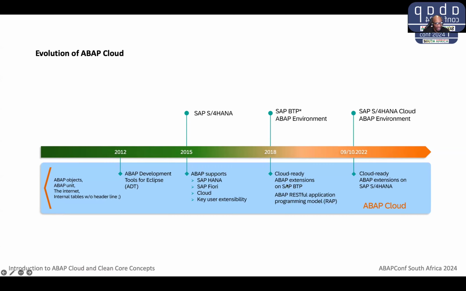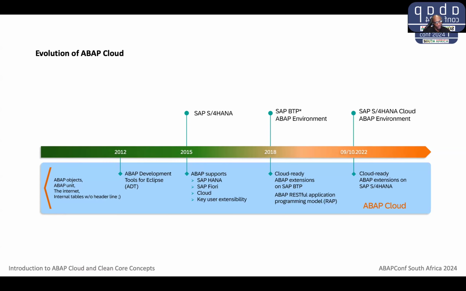Then in 2018, the BTP ABAP environment came into the picture. That's your Steampunk environment, and that's basically ABAP on cloud, not ABAP Cloud, but the ABAP environment on cloud. You can use that for side-by-side extensions, where you create solutions outside of your stack and use secure connectivity for consuming stuff on stack.